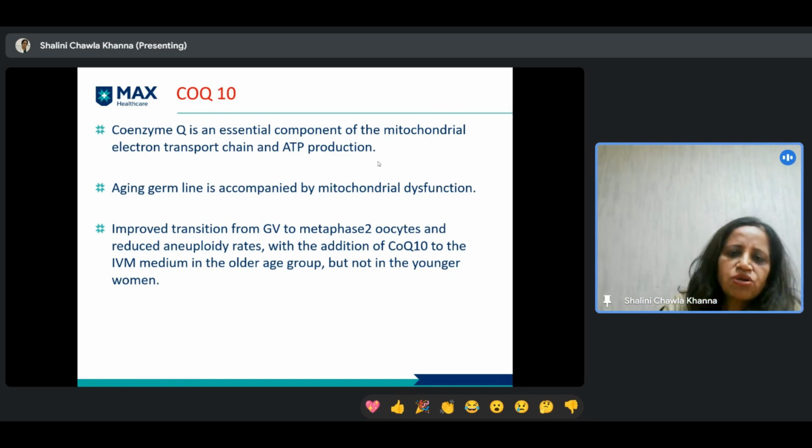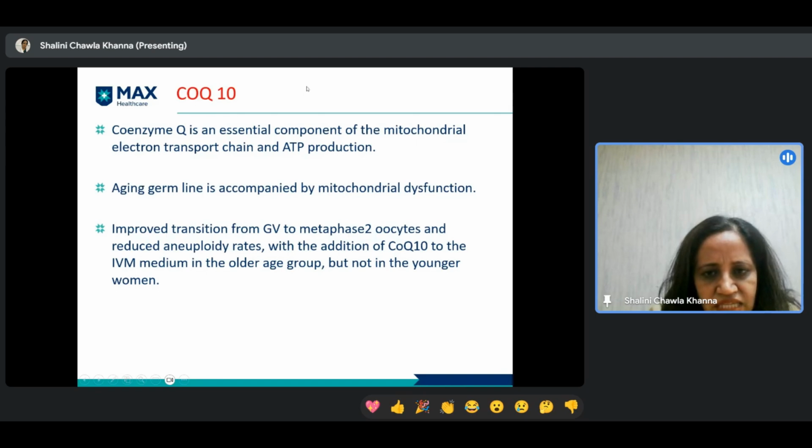For the growth of the egg, from germinal vesicle to metaphase 2, we need ATP. Hence, if the CoQ enzyme is deficient and mitochondrial dysfunction is there, then this proper growth from germinal vesicle to metaphase 2 is not there.